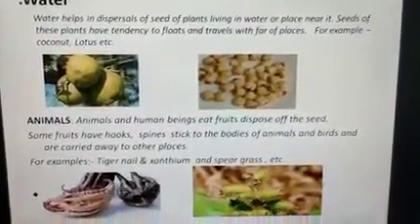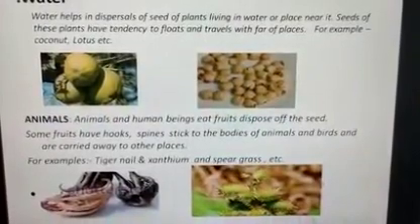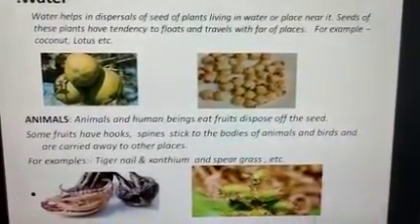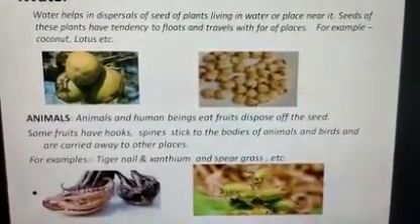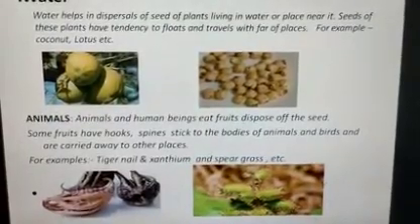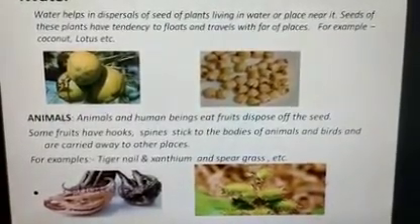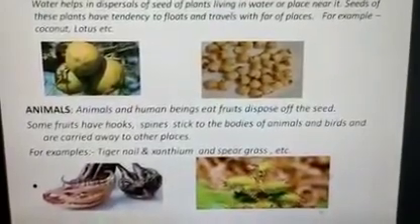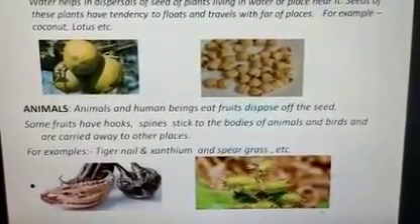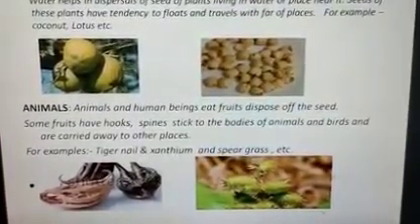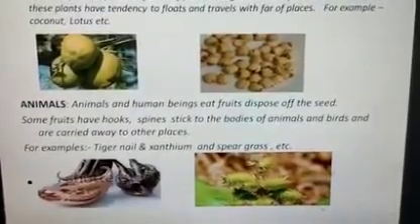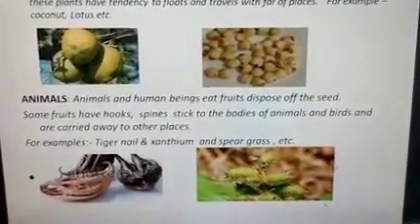Third is animals. Animals and human beings eat fruits and dispose of the seeds. Some fruits have hooks or spines, and stick to the body of animals and birds and are carried away to other places.